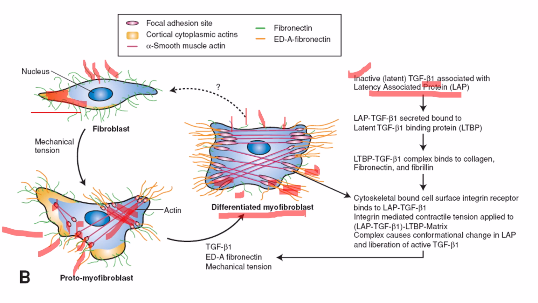Then the latent transforming growth factor binding protein with transforming growth factor beta 1 complex is formed, and this complex binds to extracellular matrix protein such as collagen, fibronectin, and fibrillin.